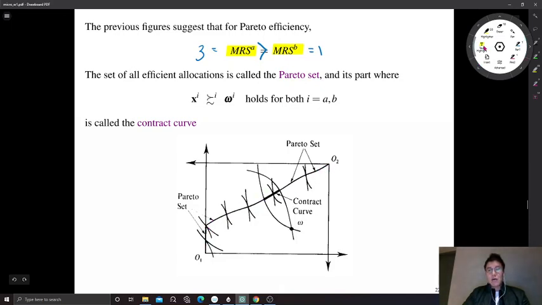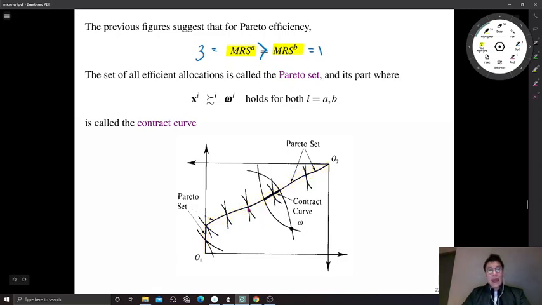This figure displays one possible Pareto set, the set of Pareto efficient allocations. This Pareto set collects all efficient allocations in this Edgeworth box. All points on this curve, the two consumers' marginal rates of substitution are identical. In other words, indifference curves are tangent to each other like this.